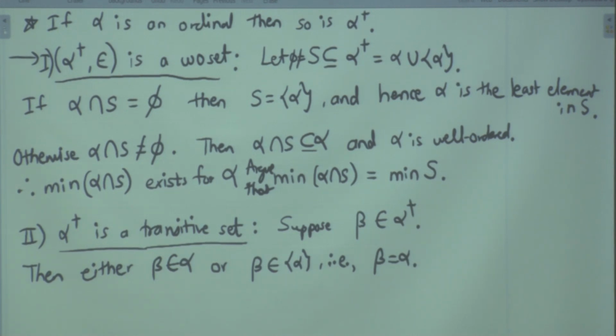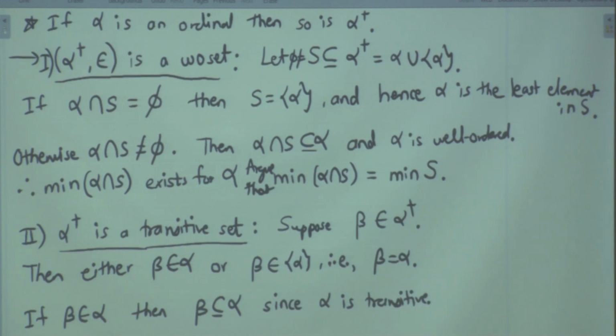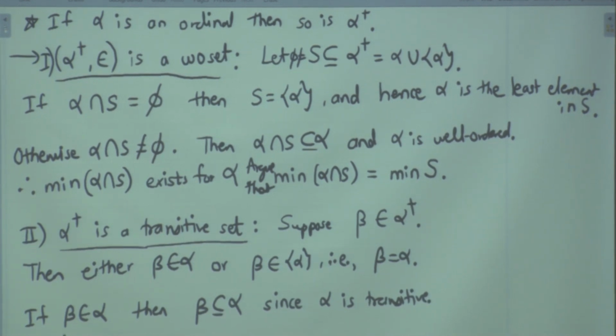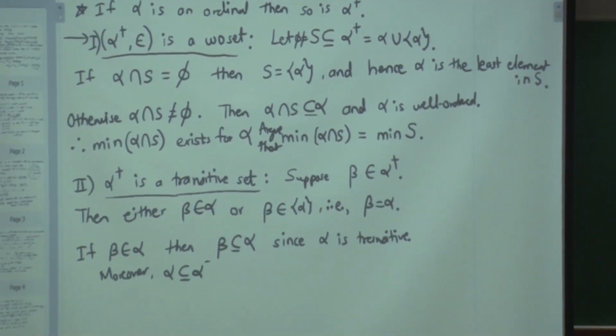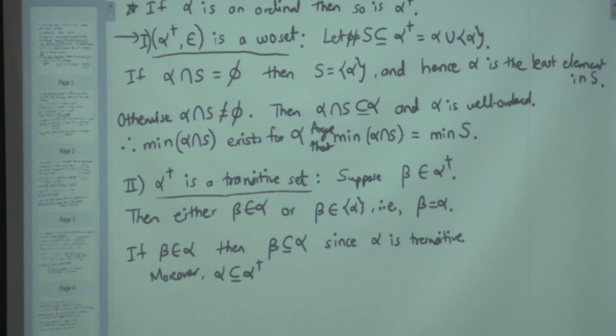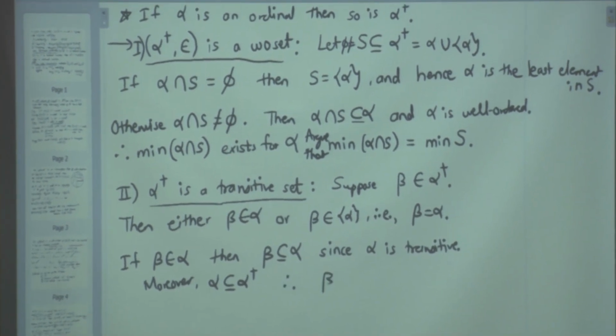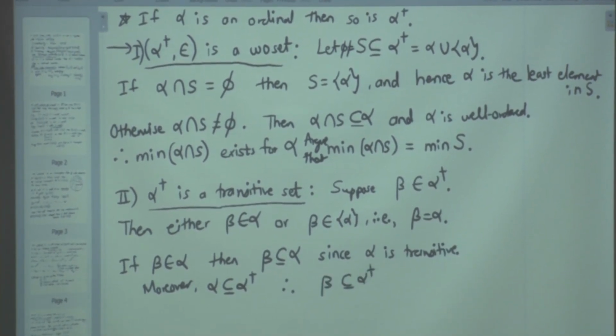Now what happens if beta belongs to alpha? If beta belongs to alpha, then beta is a subset of alpha, since alpha is transitive. Moreover, alpha is itself a subset of alpha plus. So therefore, beta is a subset of alpha plus.